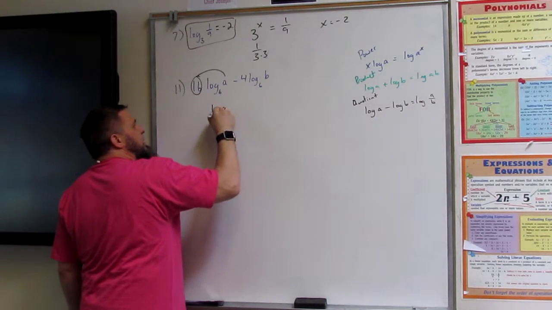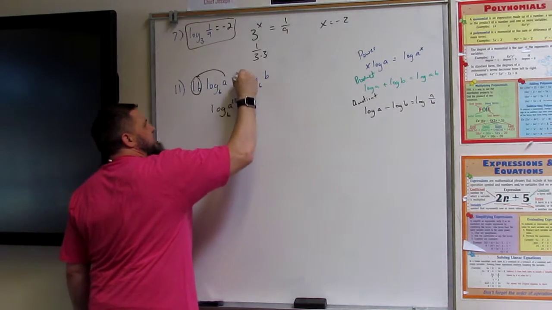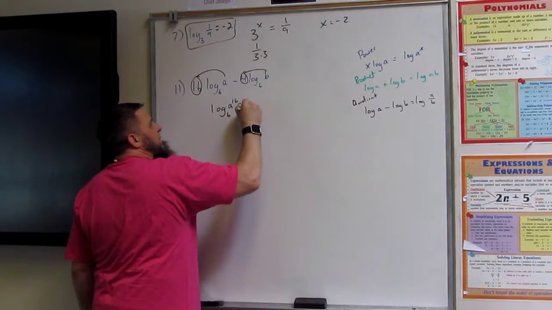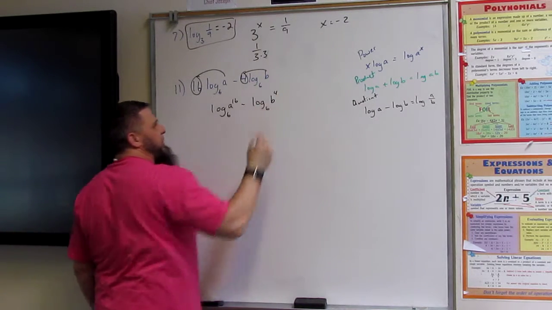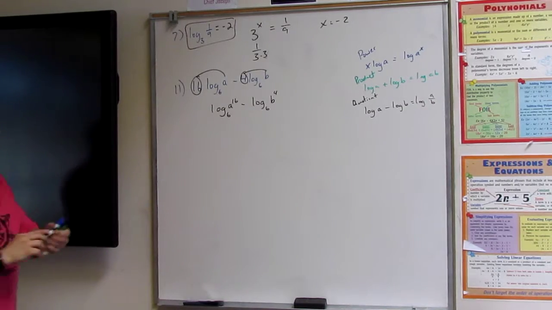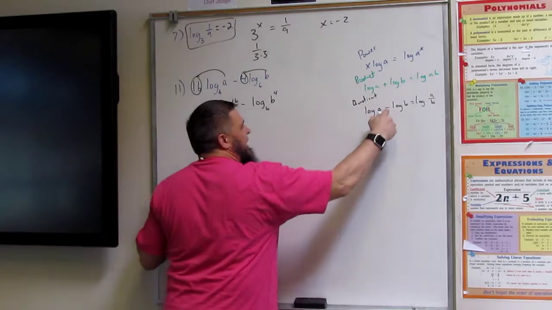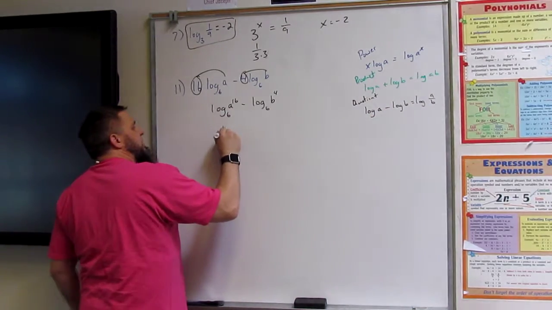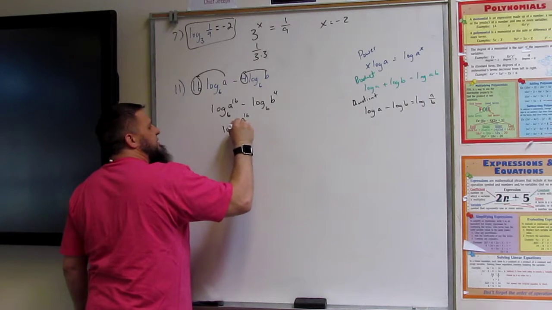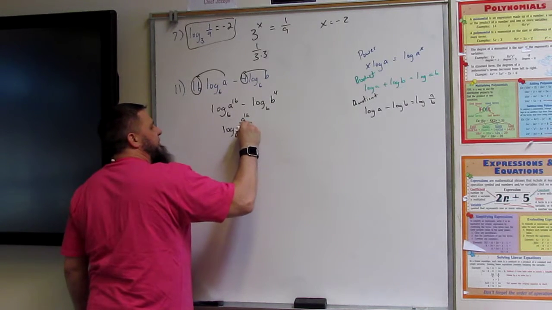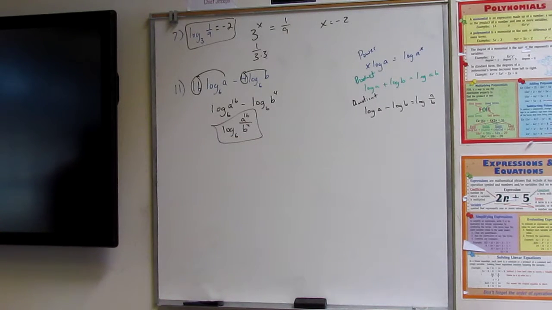So log base 6 of A to the 16, minus log base 6 of B to the 4th. Now the quotient rule is brown, so I'm going to take this minus and turn it into division, so it's log base 6 of A to the 16th divided by B to the 4th. That's it. That's all you're doing.